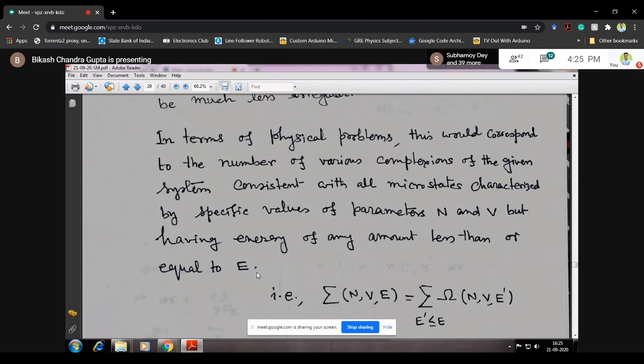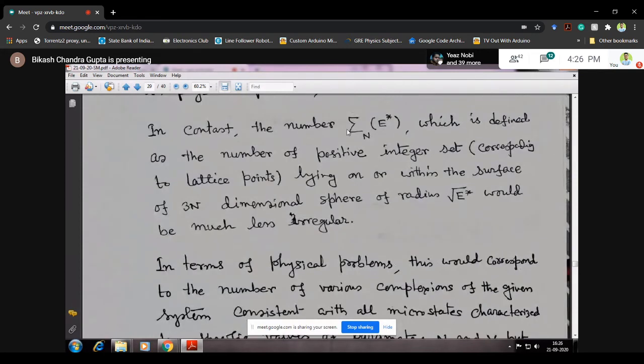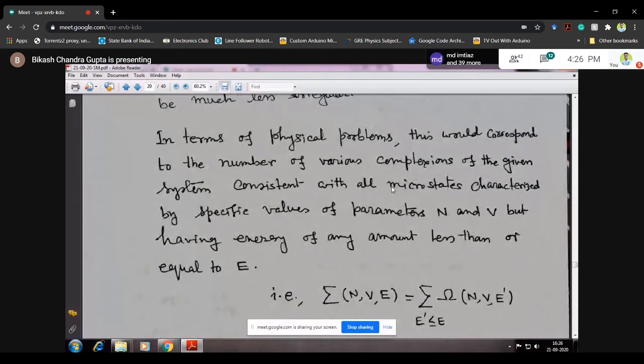এইটা আমি এতক্ষণ যে বললাম সেইটাই এখানে লেখা আছে। In terms of physical problems, this would correspond to এই যে সিগমা তুমি কাউন্ট করছো, নাম্বার অফ মাইক্রোস্টেটস, that in terms of physical problems it would correspond to the number of various complexons of the given system consistent with all microstates characterized by the specific values of the parameters n and v.